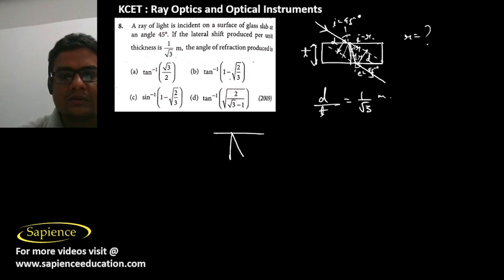This is R, this is T, this one is D. So this angle is I minus R and this is R.